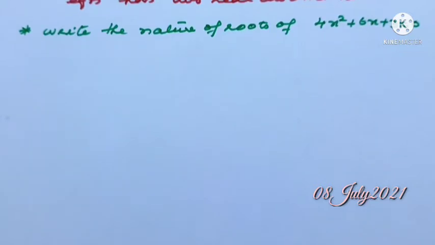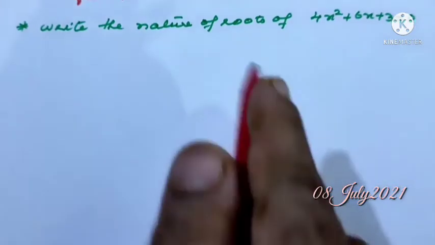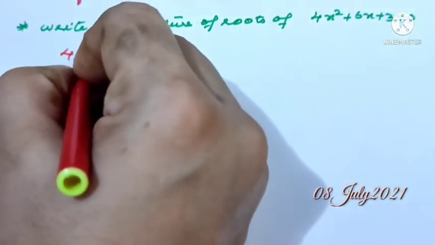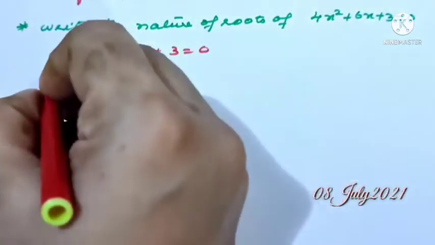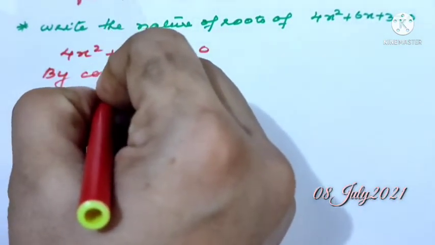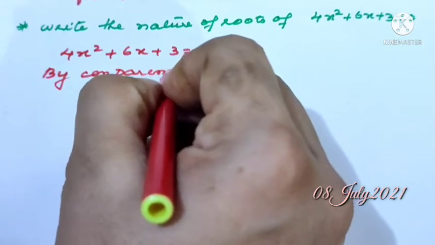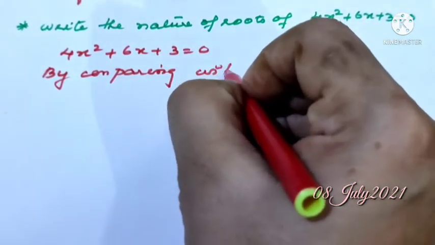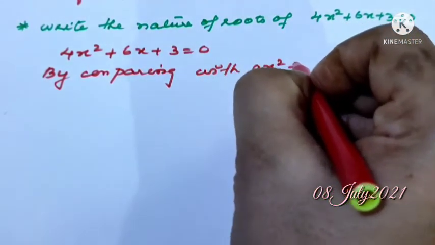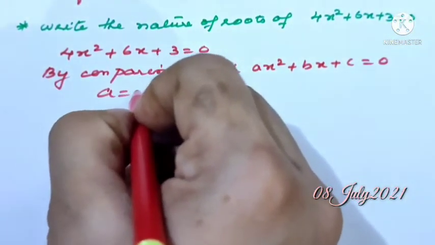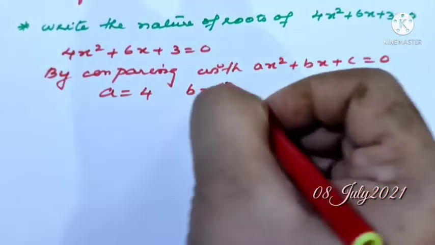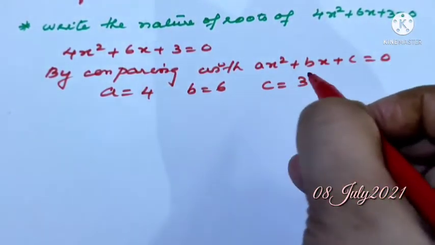4x square plus 6x plus 3 is the question this time, nature of the roots only. So 4x square plus 6x plus 3 equal to 0, I will write here, by comparing with ax square plus bx plus c equal to 0, a equal to 4, b equal to 6 and c is equal to 3 only.